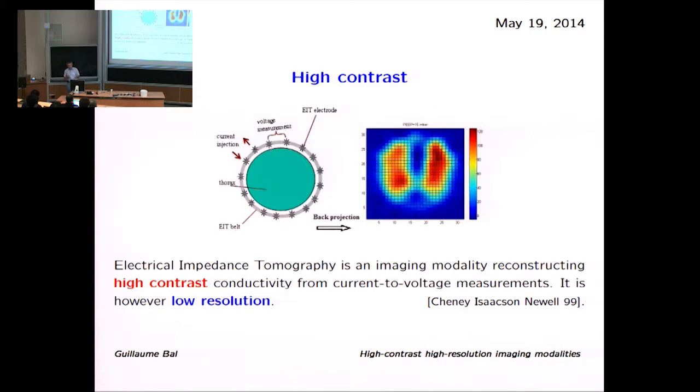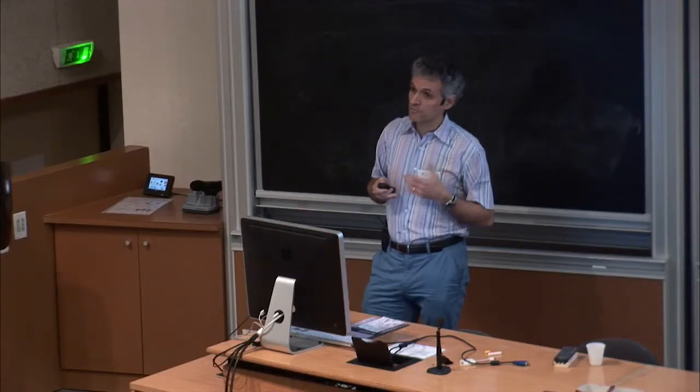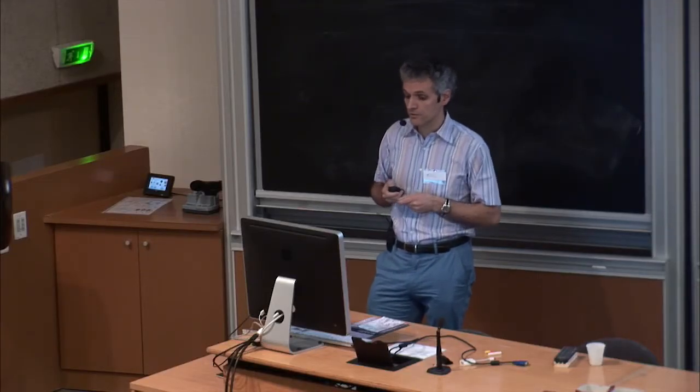All right, so we have a method with high contrast, relatively low resolution. There are some other modalities that have high resolution and also sometimes high contrast, but in some cases low contrast. So I will talk a little bit about ultrasound. We're familiar with this type of pictures where we can see relatively clearly there's a high contrast between where there are bones and where there are tissues.